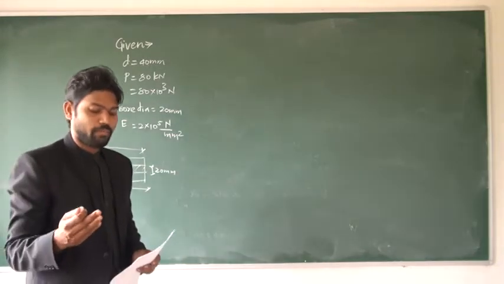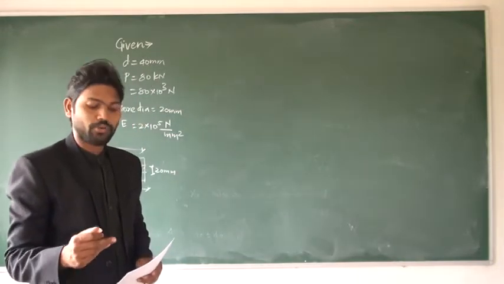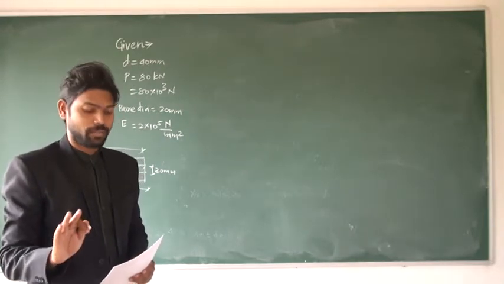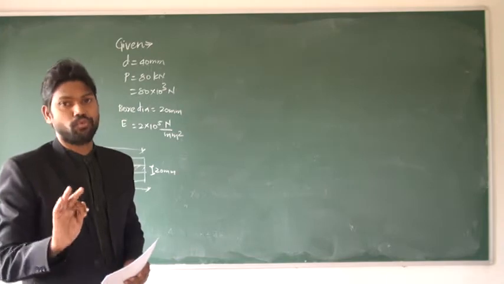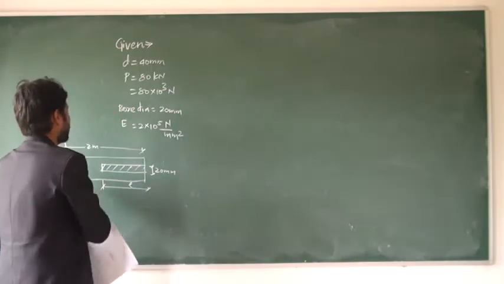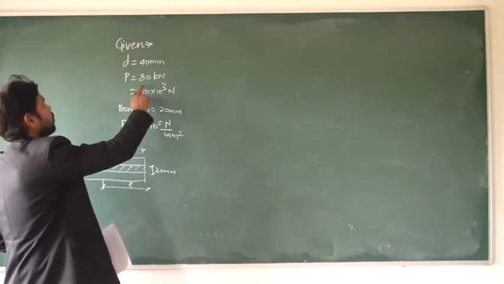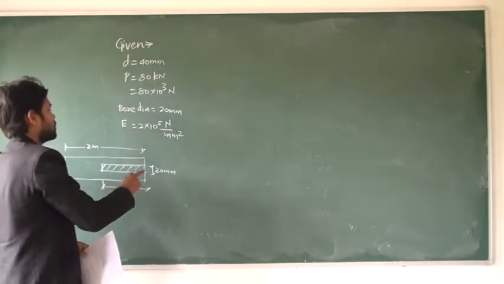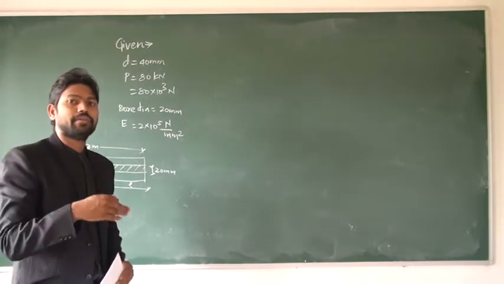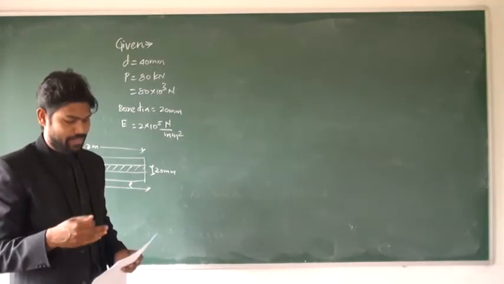To what length should the bar be bored centrally so that the total extension will increase by 20% under the same pull? So what will we do? First of all, we will calculate the extension in the rod under the pull of 80 kilonewton when the rod is a solid rod, with no bore. Then we will increase it by 20%.